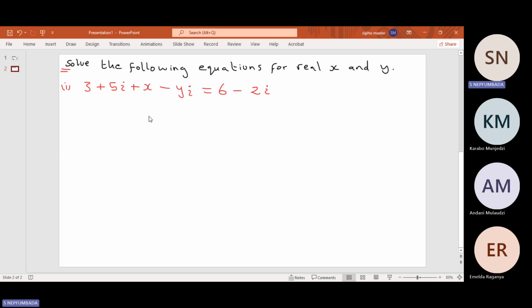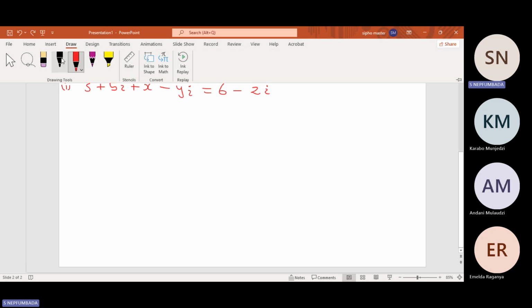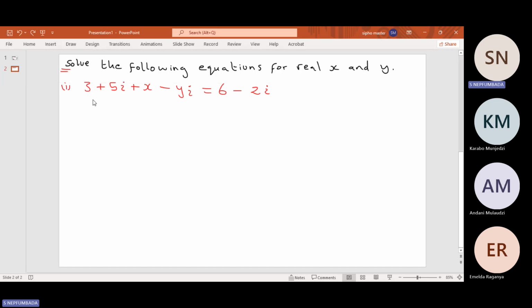We can simplify the left-hand side and the right-hand side as follows. This is 3 plus x, and plus 5i minus yi is equal to 6 minus 2i.